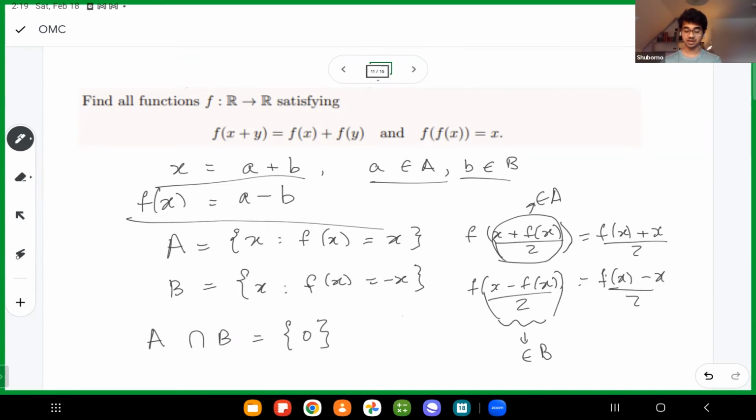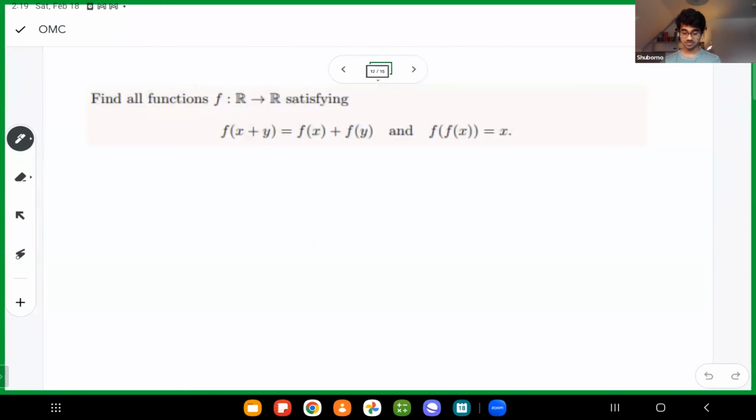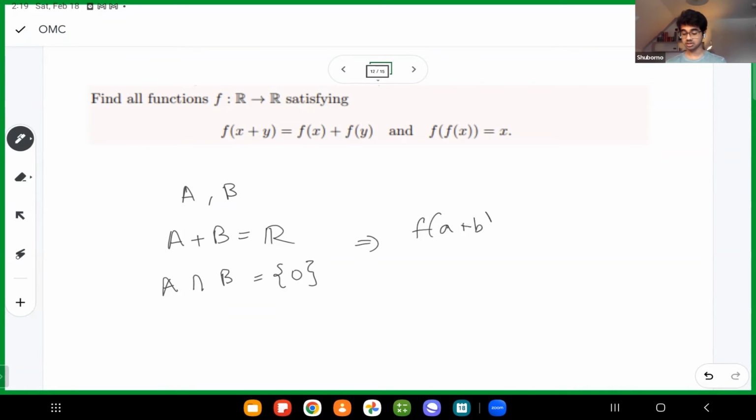To summarize, if you have any two spaces A and B that generate R, so A plus B is R, and the intersection is only 0, then you can do f of a plus b, set it to a minus b.